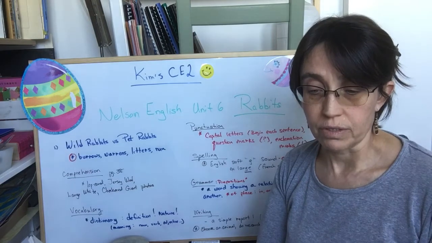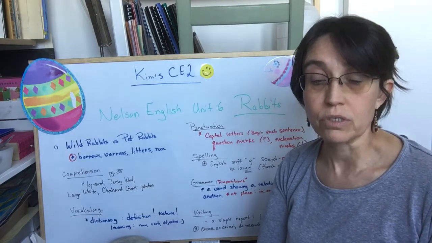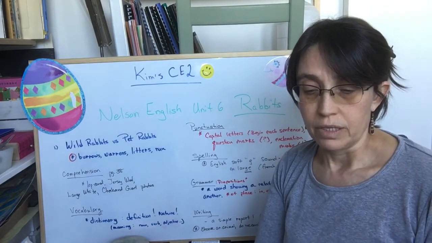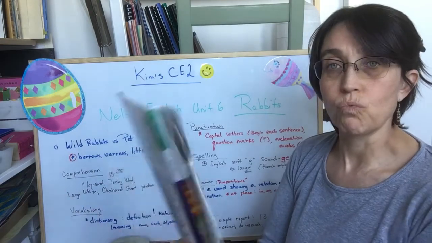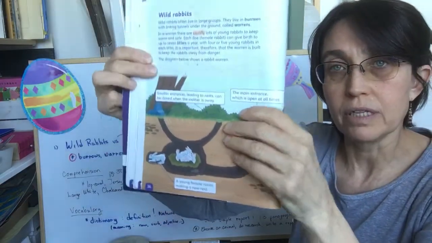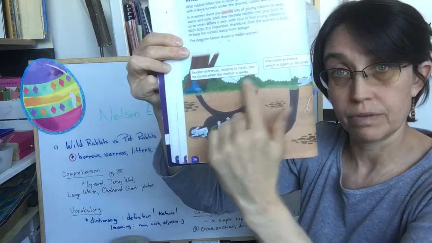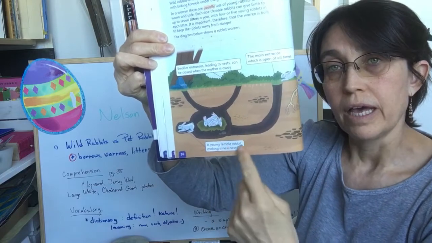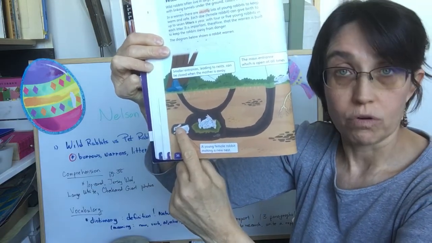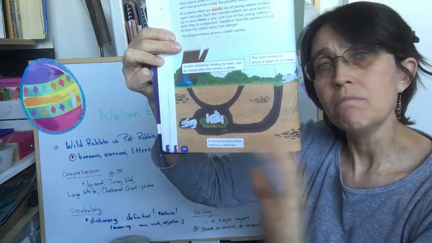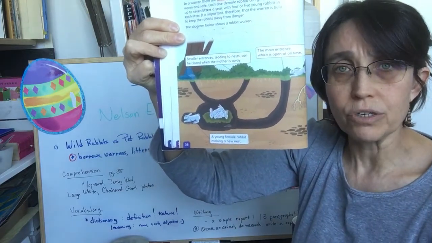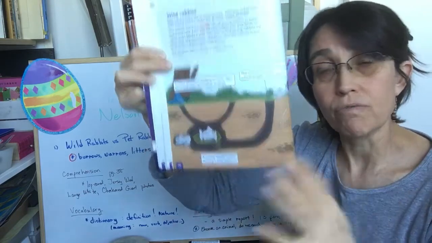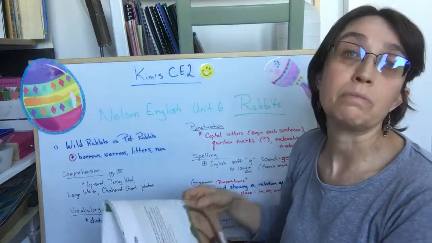It is important, therefore, that the warren is built to keep the rabbits warm, away from danger. The diagram below shows a rabbit warren. So look carefully. The entire structure is a warren, with the burrow here. Please read carefully. And the doe, or female rabbit, has up to 7 litters of baby rabbits a year. Each litter about 4 or 5 baby rabbits.